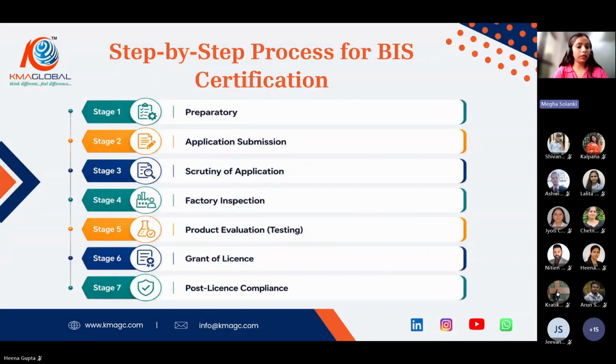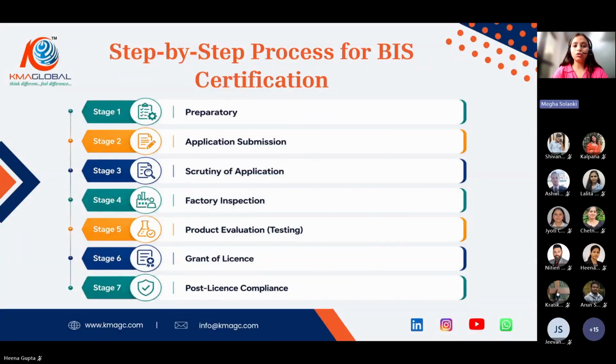Stage 3, scrutiny of application. After receiving the application, BIS will review all the documents against the Indian standard. If any information is missing, BIS may ask the applicant to provide additional details or corrections. Stage 4, factory inspection.